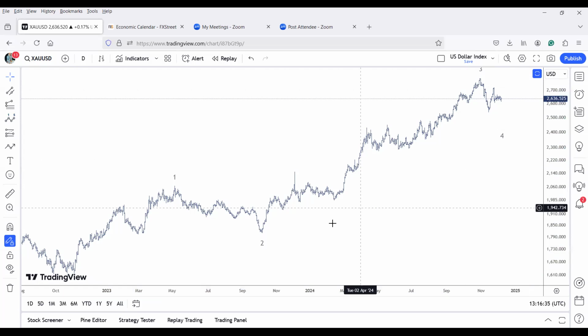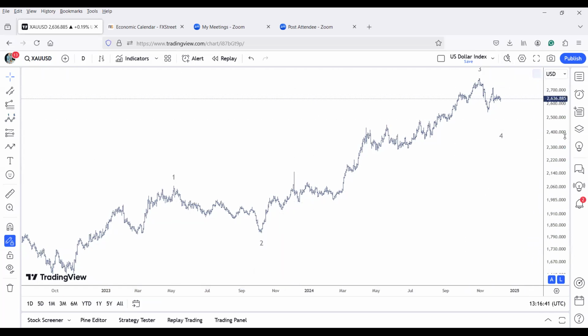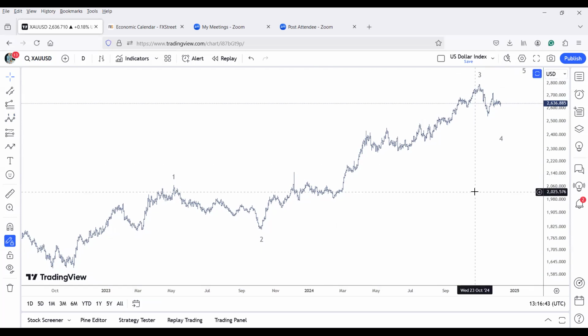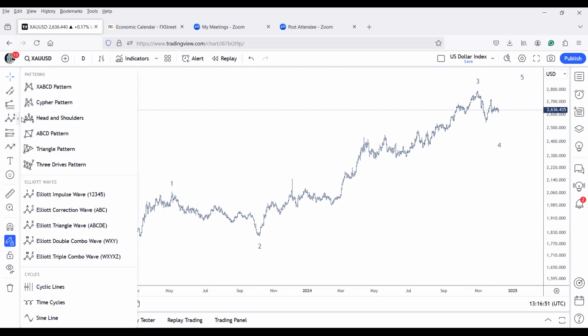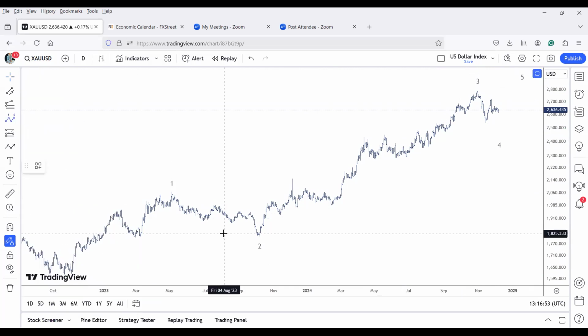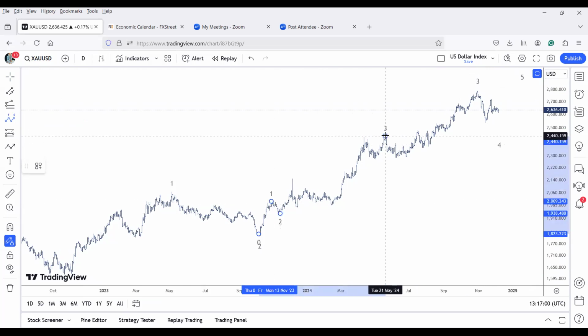I'm going to explain why I put wave 3 here in just 1 minute, because gold has extended the third wave, and within the third wave, the third wave is also extended. So if I take just one more moment to print the third wave, it goes like this: 1, 2, 3, 4, and 5.